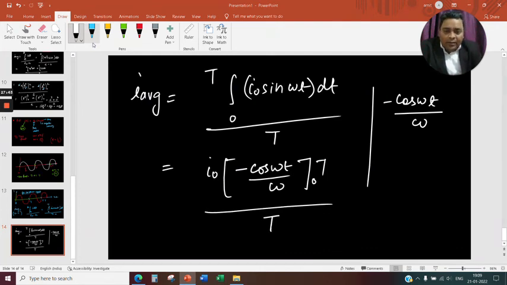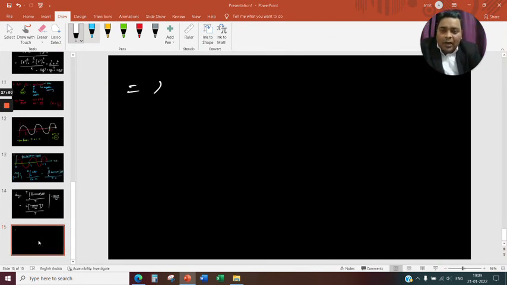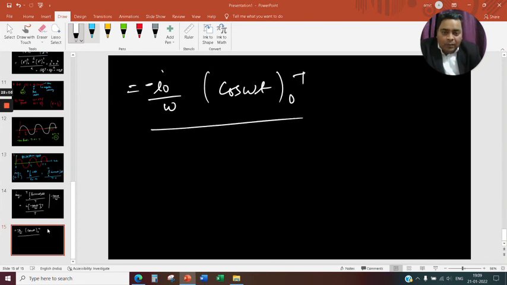Fine. Now let me keep all the constant part out of this bracket. So it will now be equal to I naught by omega, and minus, also I'm taking it out of the bracket here, and finally cos omega t, and the limit is 0 to T, and on the denominator T here.